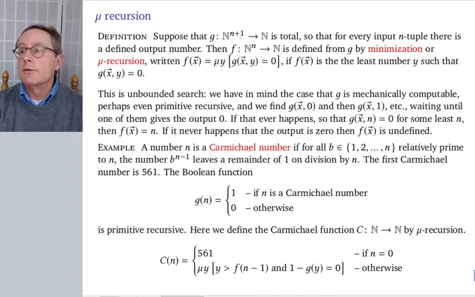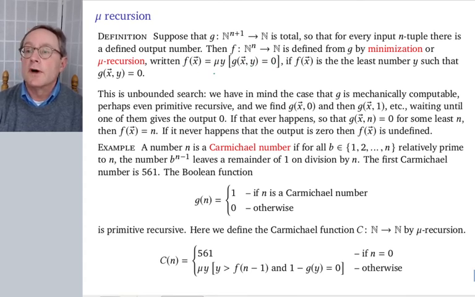So suppose you have a function G that's total, so that for every input n-tuple there's a defined output number. Then f, you notice this says n and that says n plus 1, f defined from G by minimization, or what's called mu recursion. You write f of x bar is the least y, that's a Greek letter mu, the least y where G of x bar, y is equal to 0.